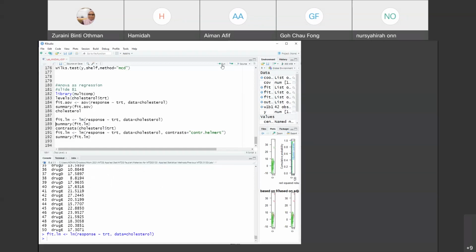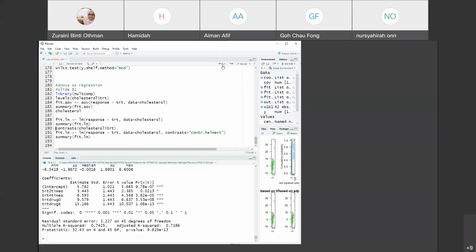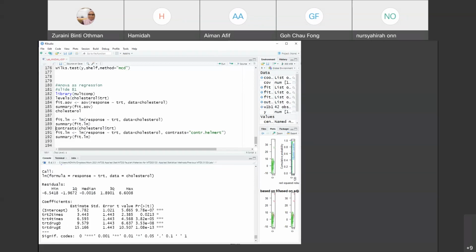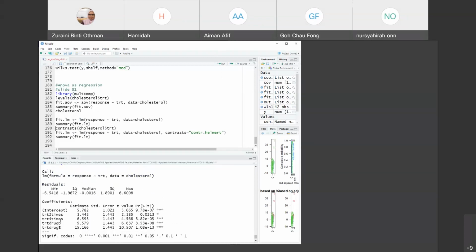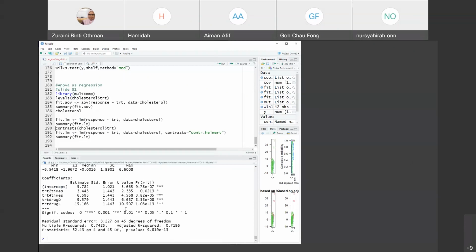We run it, then we can see the summary of the linear model. In terms of the linear model, we can obtain this kind of summary. This is trt 2 times, trt 4 times, and trt drug D. Here we can see what we are looking at.